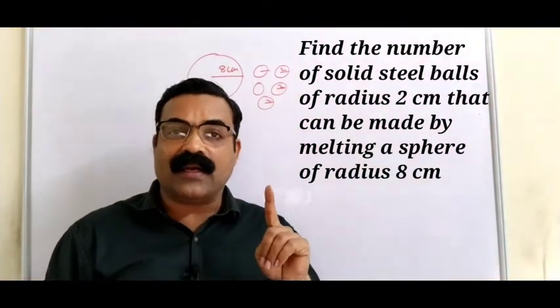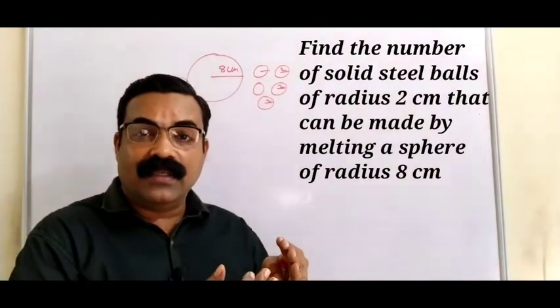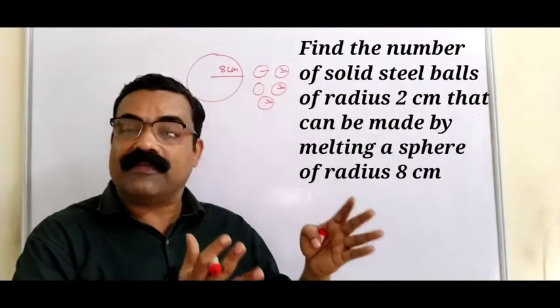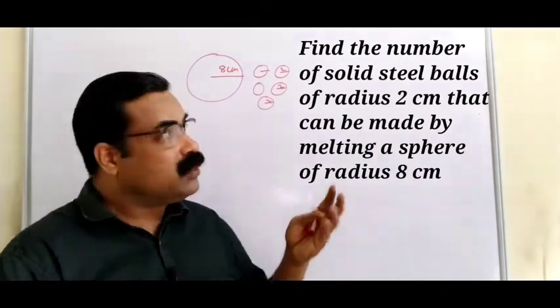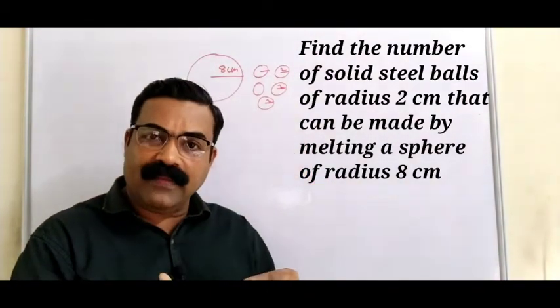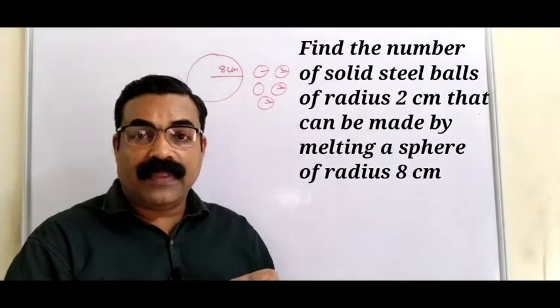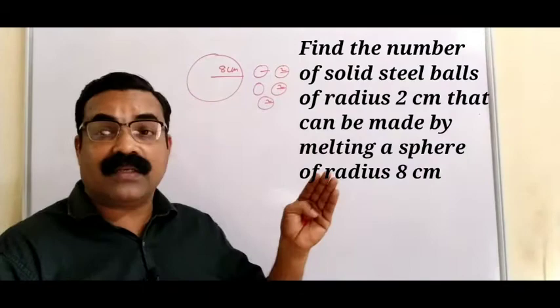The very important concept to understand here is that when you melt and convert, the volume of the total sphere will not change. Suppose the big sphere has some volume V. Even after melting, the shape and state change, but the volume remains constant.